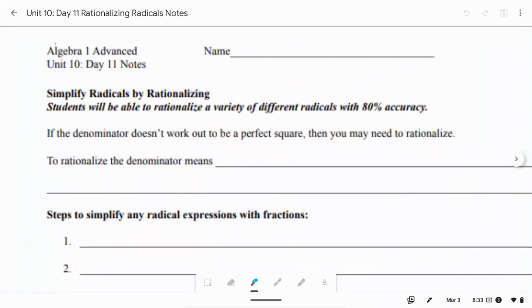In this video, we will be discussing how to simplify radicals by rationalizing. If the denominator doesn't work out to be a perfect square number, then you may need to rationalize.